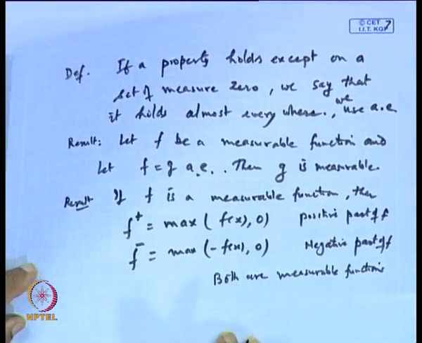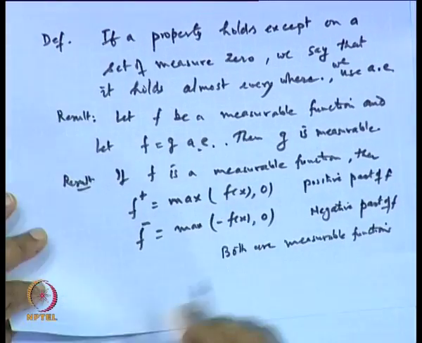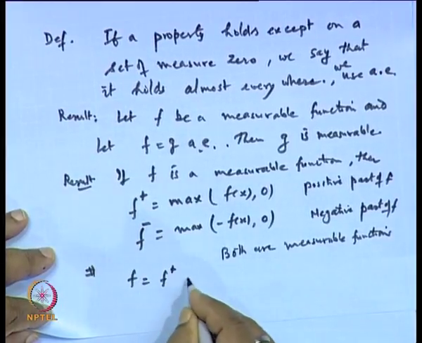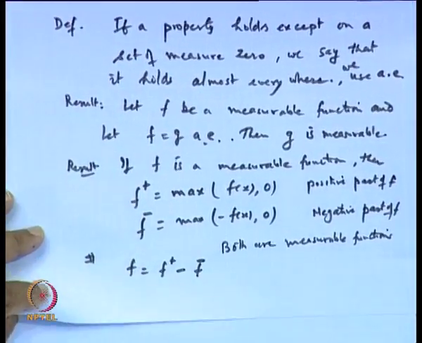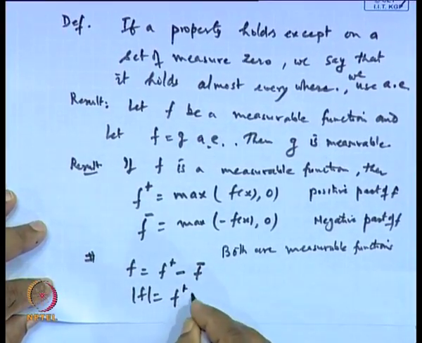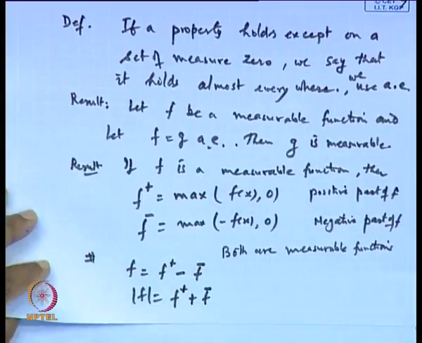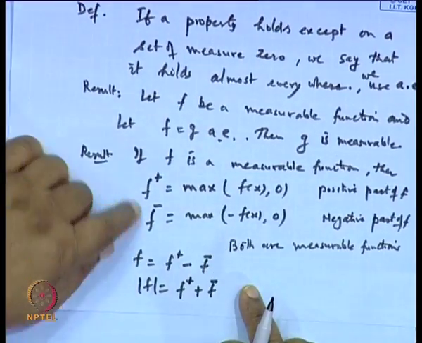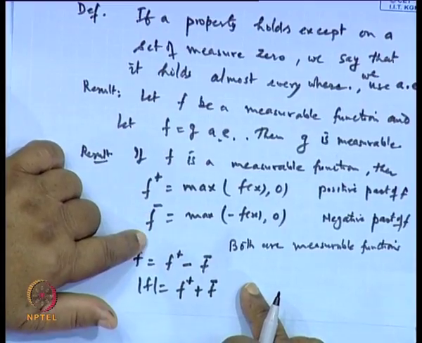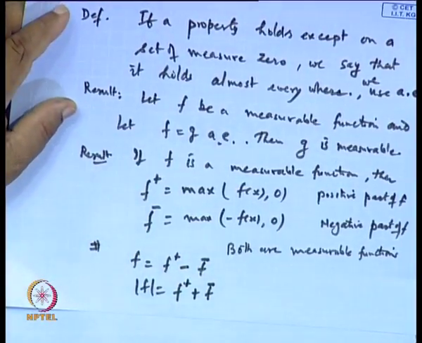The advantage of writing this is that if f is any arbitrary function, then we can write f as f plus minus f minus, and mod of f as f plus plus f minus, and f plus and f minus both are non-negative functions. Okay. So, we can make use of this.